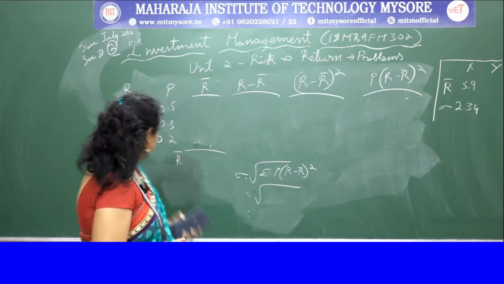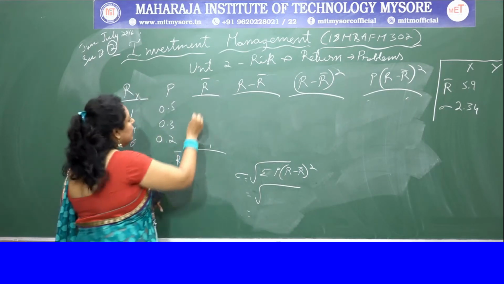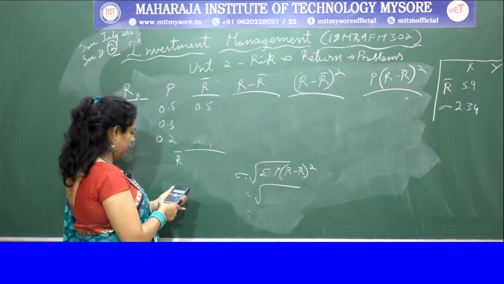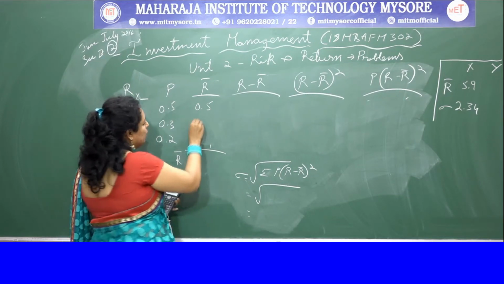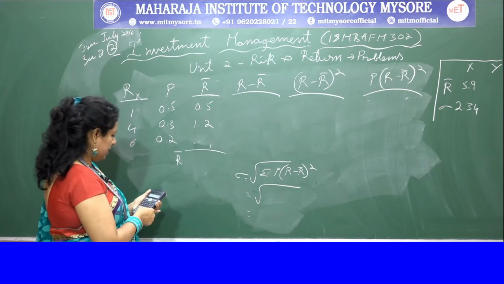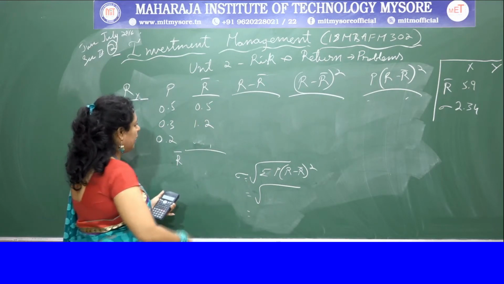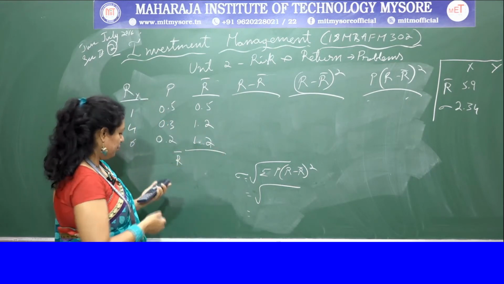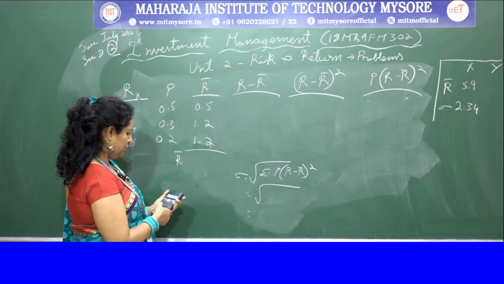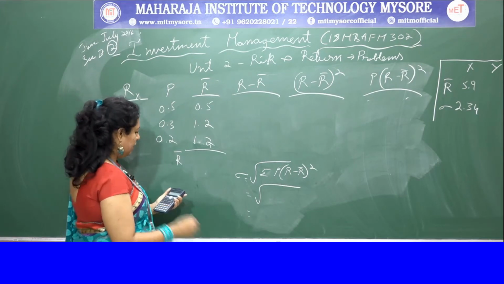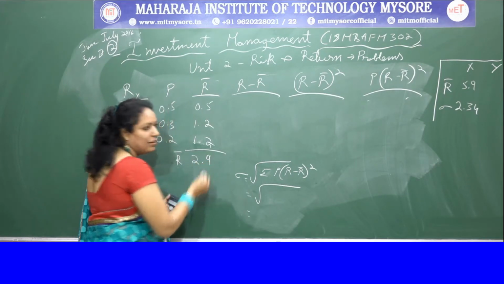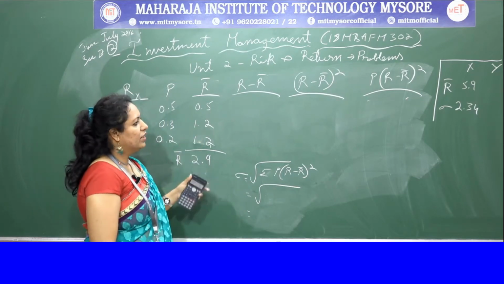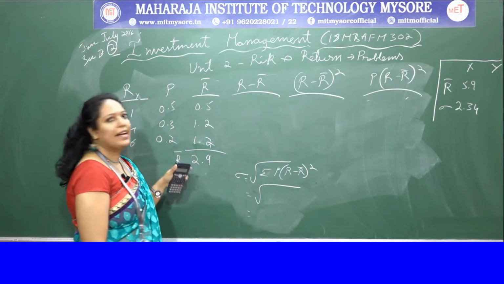So 1 into 0.5 is 0.5. 4 into 0.3 you get 1.2. 6 into 0.2 you get 1.2. So 0.5 plus 1.2 plus 1.2, you get 2.9. 2.9 is your answer for the Y security, R bar.